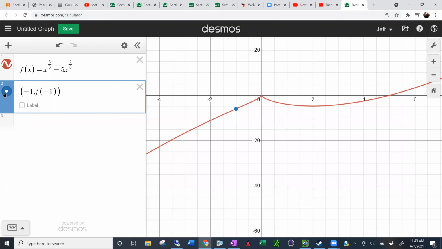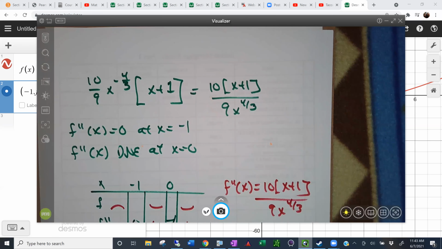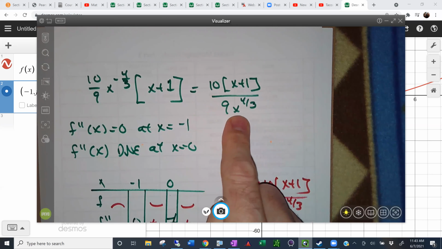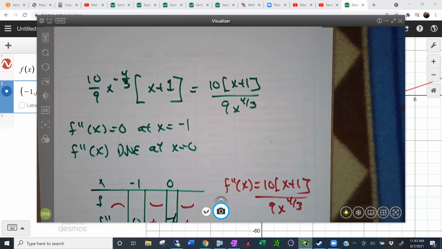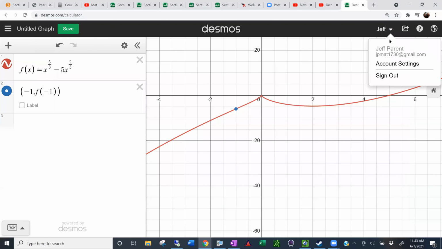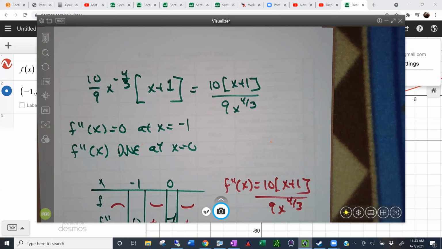Yeah, Aiden, please. How did you get it doesn't exist at 0? Oh, the denominator would be 0, so the whole thing would be undefined, right? You can't divide by 0. Okay, gotcha. Appreciate that. Thank you. Anything else that you're curious about? All right.